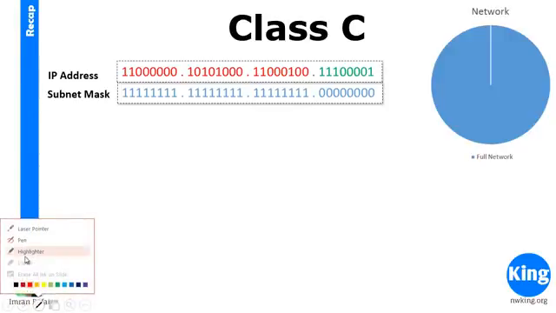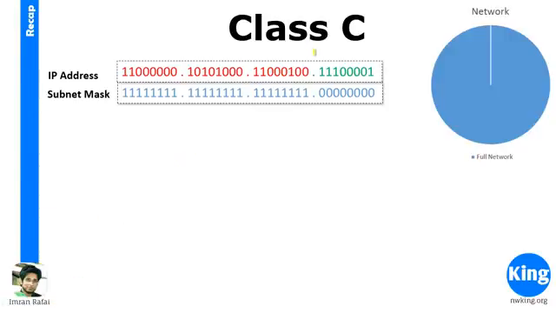Knowing what we know from our previous video, the separation of network and host happens here, and this is nothing but /24, because there are 24 ones. According to the formula, 2 to the power of host bits, the number of host bits is 8 because we have 8 zeros, minus 2. So this Class C network has 254 valid hosts.